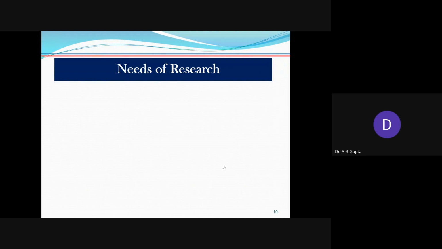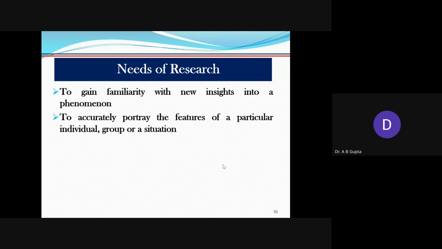Okay. Now come to the need for research. Why do you need to carry out research? You want to be familiar with certain phenomena. Why is something happening in a particular way? You want to study the features of some individual, group, or situation.